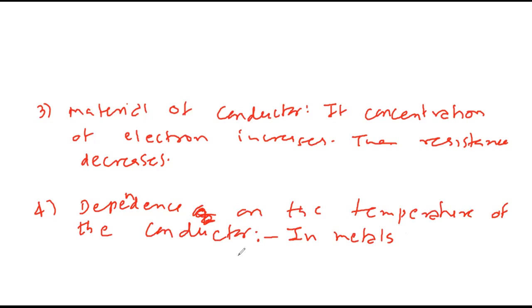That means their collisions will increase, so resistance will increase. Whereas in materials which don't have free electrons, if temperature increases, due to the heating effect they will get extra electrons, so their resistance will decrease. So sometimes it can increase, sometimes decrease, depending upon which material we are talking about.